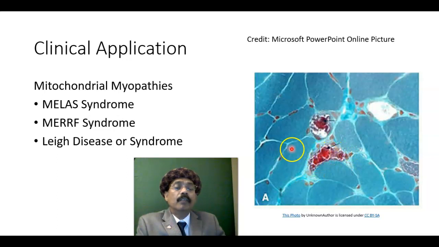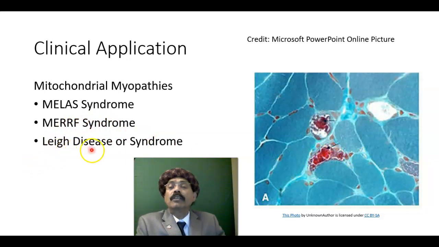Here, this is the skeletal muscle histology, and these are the mitochondria that give the ragged red appearance in Gomori staining. That is a part of the mitochondrial myopathy, specifically the MERRF syndrome. It is very much prominent in this syndrome.